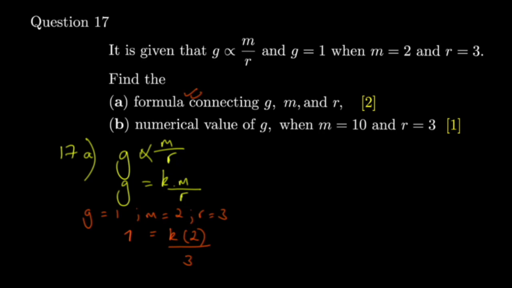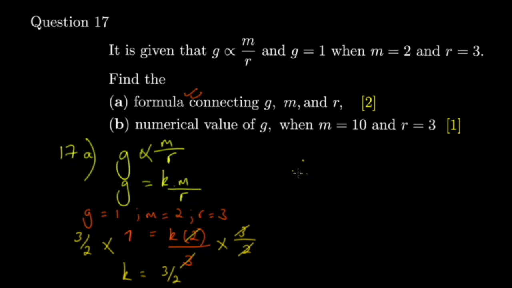We need to get rid of this so that we are left with K alone. So what do we do? If you want to get rid of a fraction, you multiply by the reciprocal. So here you have 2 over 3, you multiply by 3 over 2. This one cancels, these ones cancel. So you get K equal to 3 over 2.